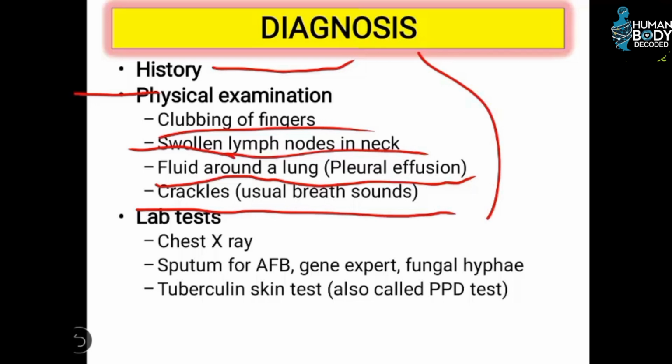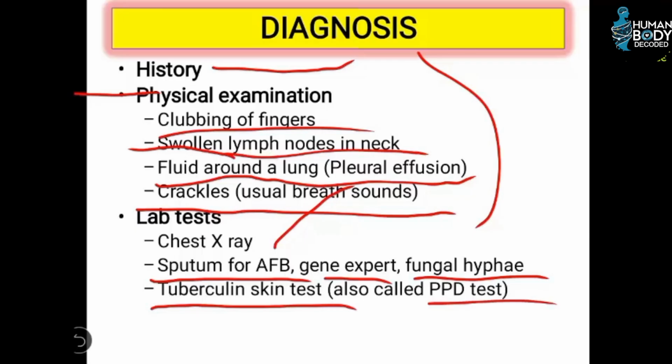Run lab tests, such as chest X-rays to spot lung damage, sputum tests, for example, GeneXpert and fungal IV tests, tuberculin skin test, PPD test, to check for TB bacteria. If these tests come back positive, the patient has TB.